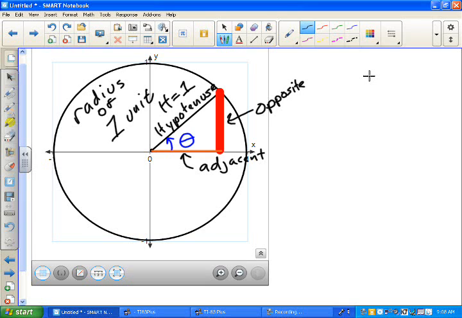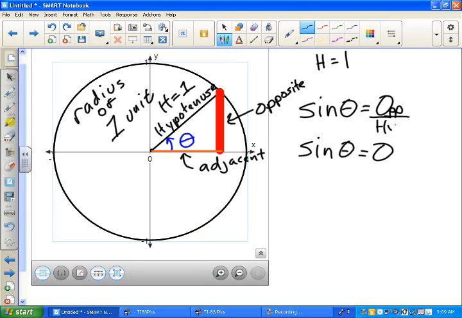What we want to do is use these right angle triangles and compare the trigonometric ratios. For example, sine is equal to the opposite over the hypotenuse. So since the hypotenuse is equal to 1, sine is actually equal to the opposite over 1, or sine of theta is equal to the opposite.